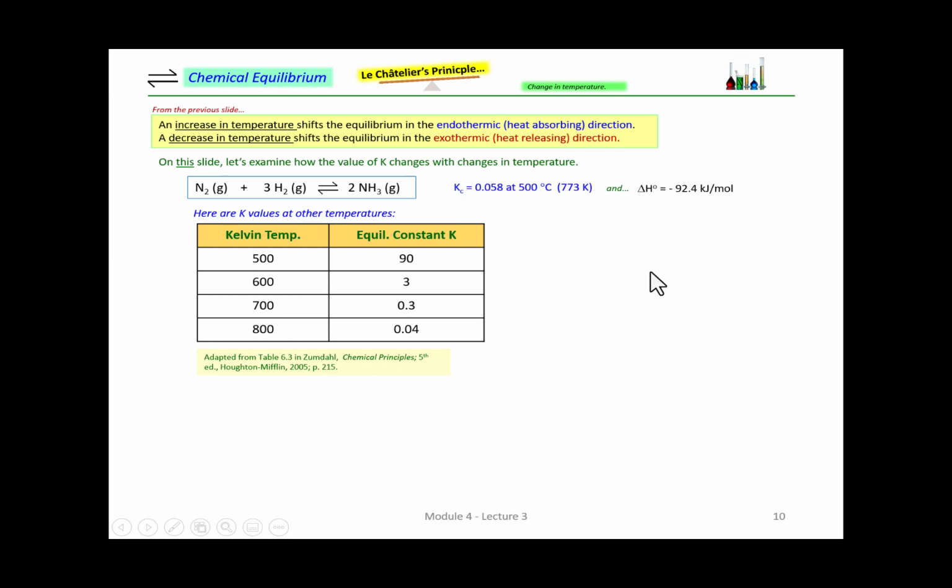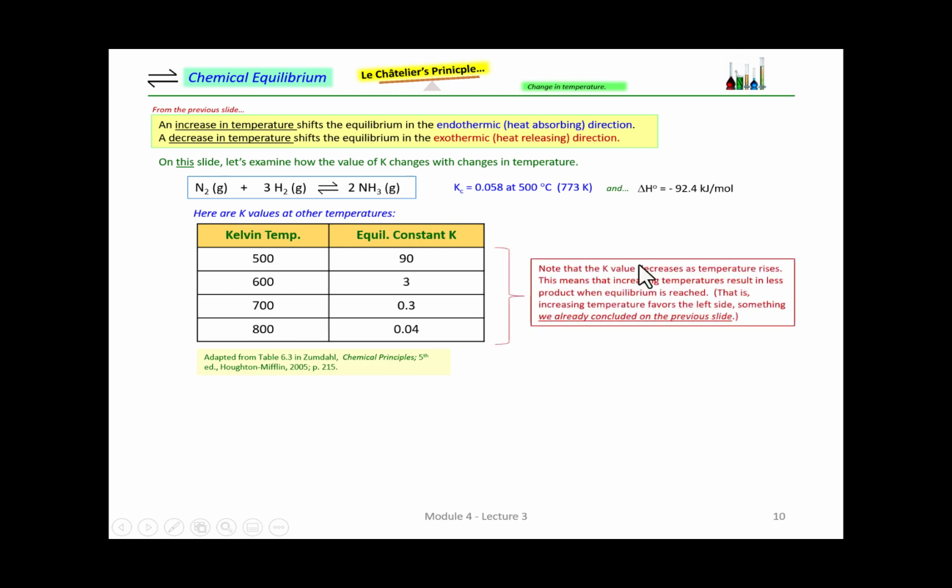So we want to note here that the K value decreases as the temperature goes up. This means that increasing the temperature, in other words, adding heat, results in less product when equilibrium is reached. That is, increasing the temperature favors the left side, the reactant side, something we already concluded on the previous slide.